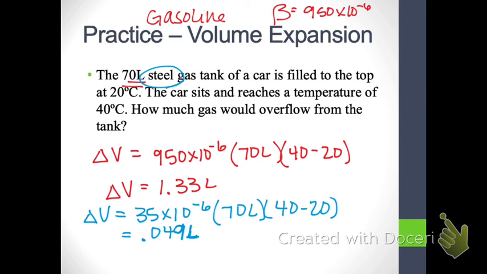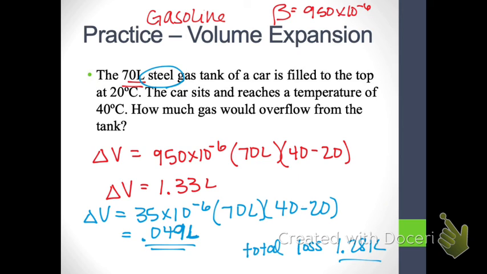Okay, and so if I'm really losing 1.33 liters, but my tank grew by that many, 1.33 minus 0.049 would give me a total loss in gas of 1.281 liters. All right, does that make sense?